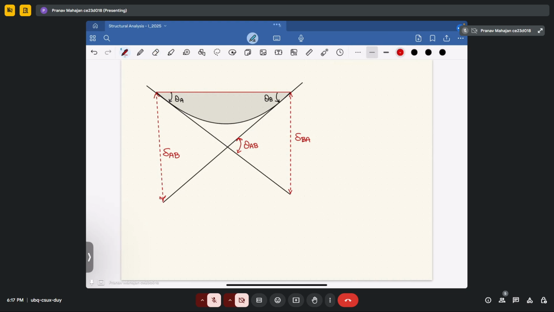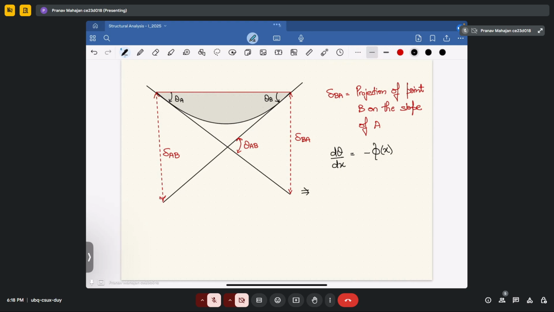Okay. So from this diagram, you can write that delta BA is the projection of point B on the slope of A. From the earlier derivation, we have determined that d theta by dx is a function phi, which is dependent upon x.